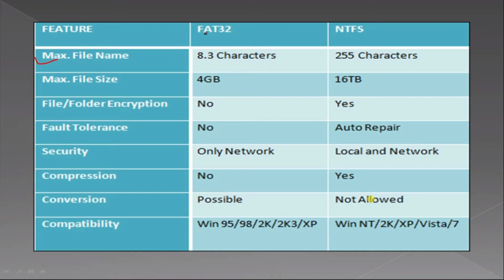In FAT32, we can use only 8 characters for every file or folder name, while in NTFS we can use 255 characters in every directory or volume. Now the maximum size: in FAT32 we can create 4 GB partitions, and in NTFS there are 16 TB partitions.